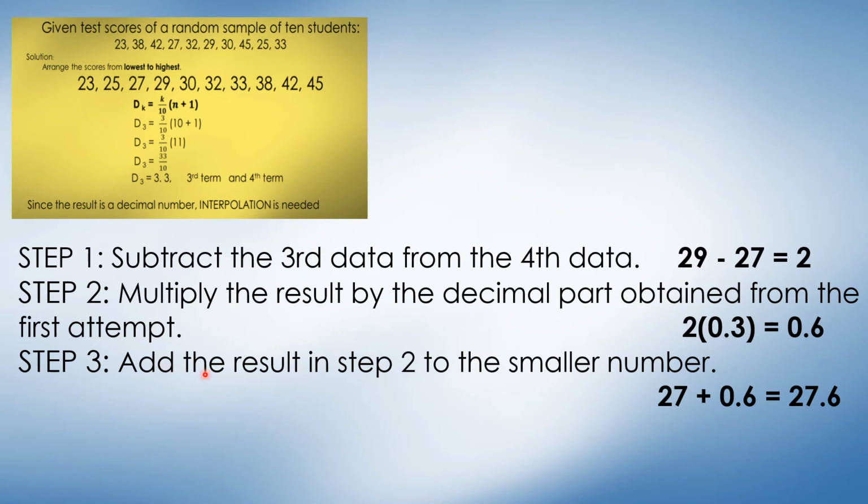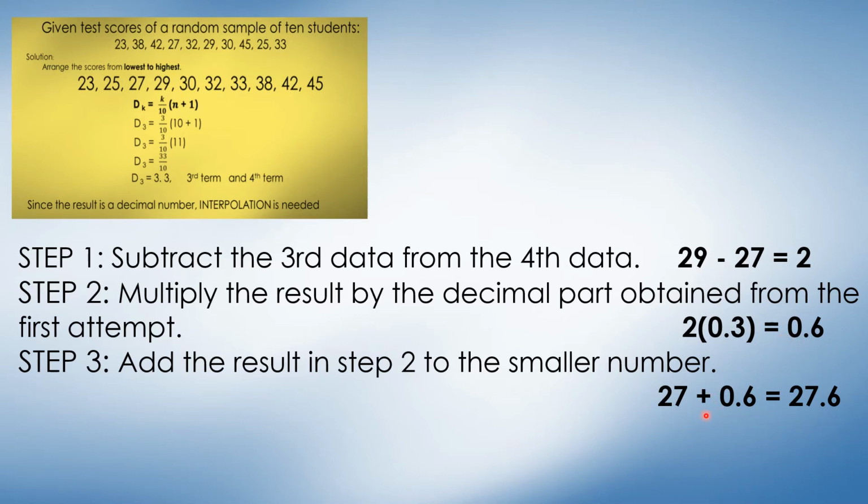Step 3, add the result in step 2 to the smaller number. So we now have 29 and 27, the smaller is 27, plus our answer in step 2, which is 0.6.